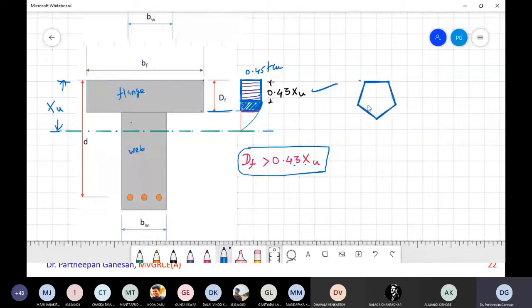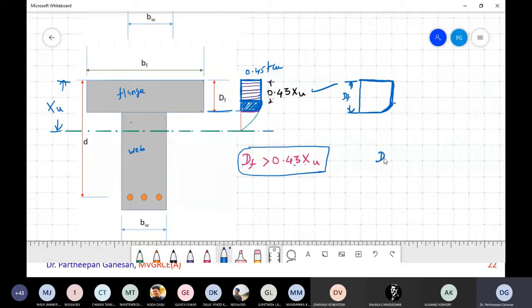Over 0.43 xu it is a rectangle, uniform. After that, it is parabolic, and Df is this much. Is the difference between case 2 and case 3 understood?